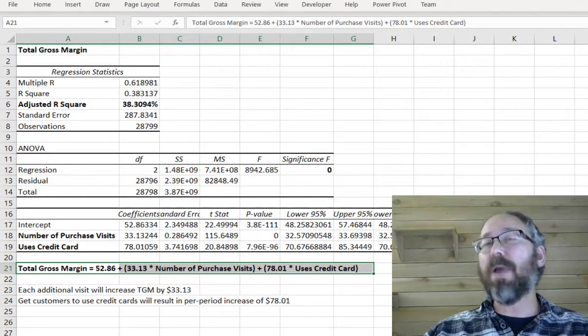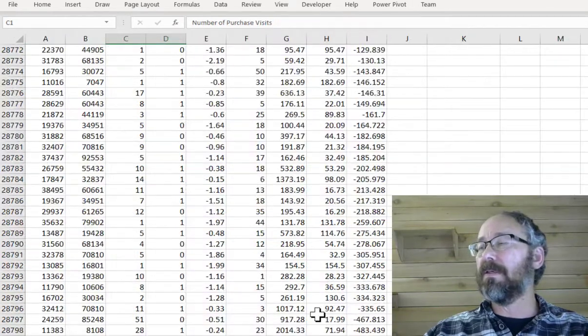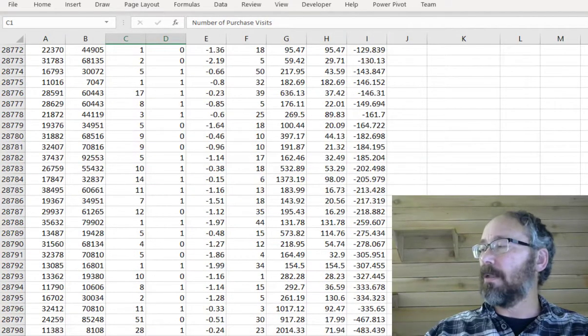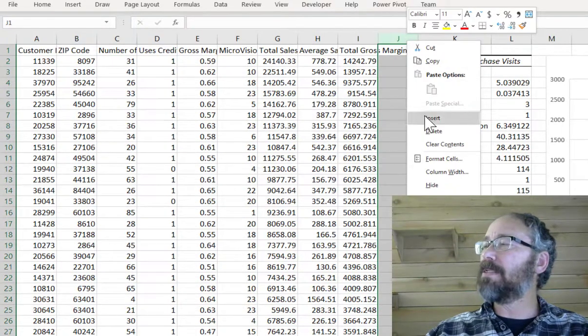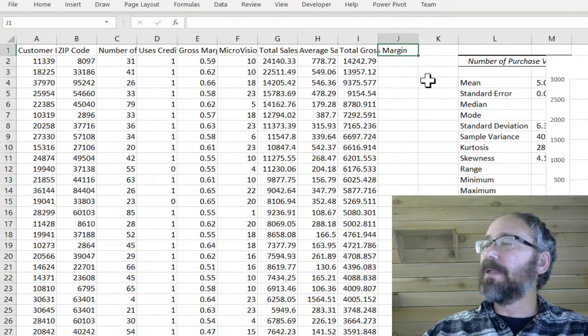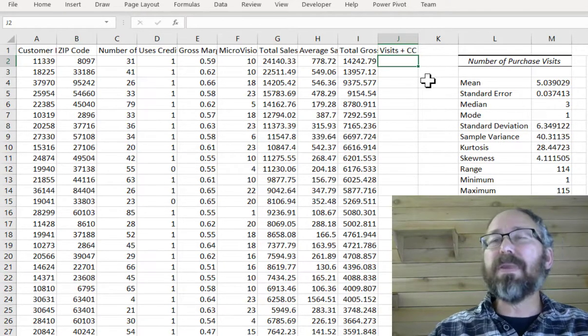We can't show the equation because we're implementing the equation to create the data column, the attribute. So we'll simply label this. Let's create a little space in there, and we're going to label this visits plus credit card, and we need to implement that formula.